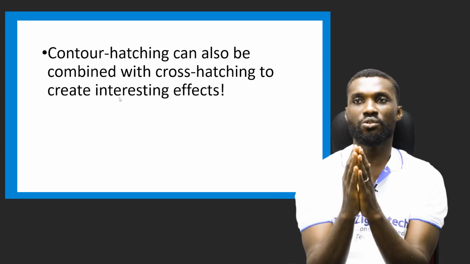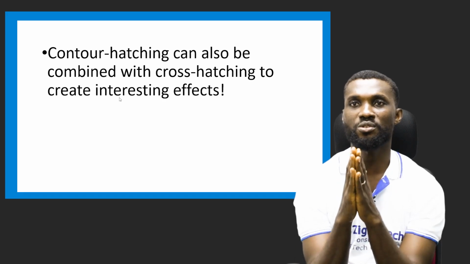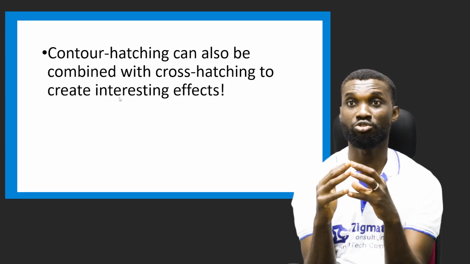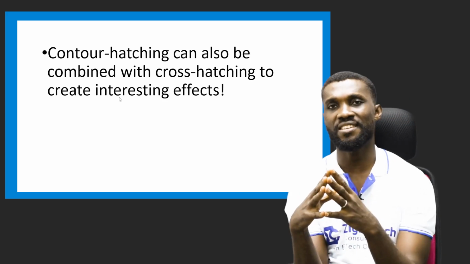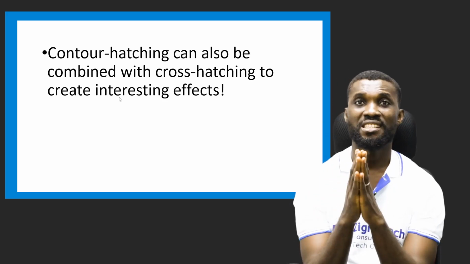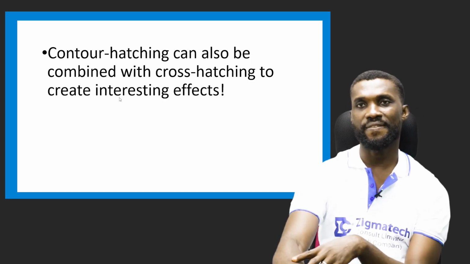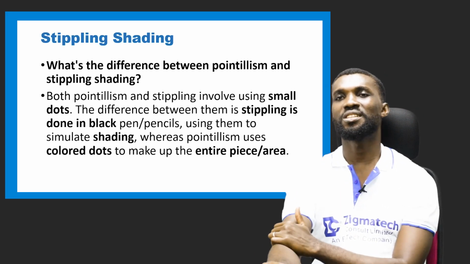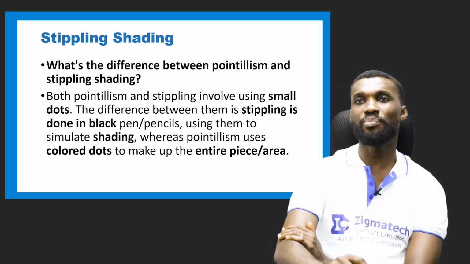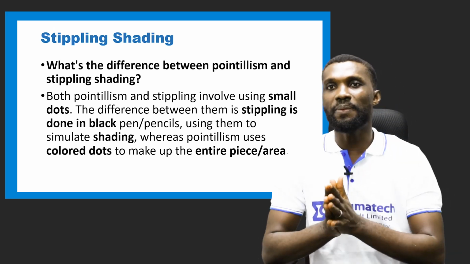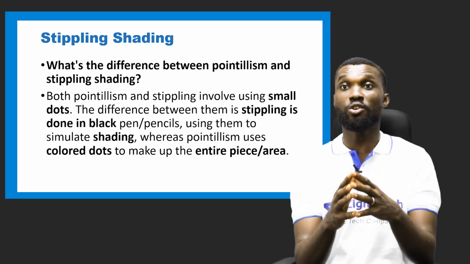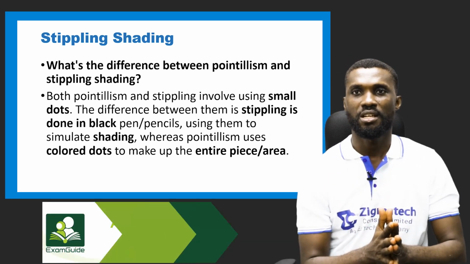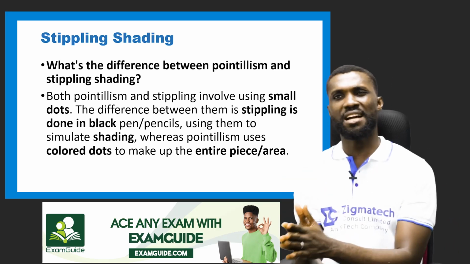Drawing contour and the use of cross-hatching to create this effect also help in providing that corkscrew effect in your shading. Now the next one we are going to look at is stippling shading. The stippling kind of shading is very close to that of pointillism. Now what's the difference between pointillism and stippling shading?